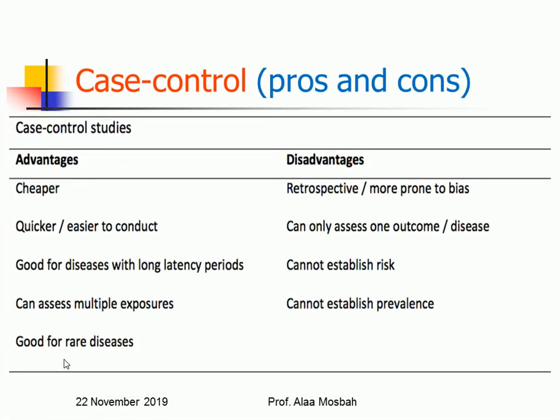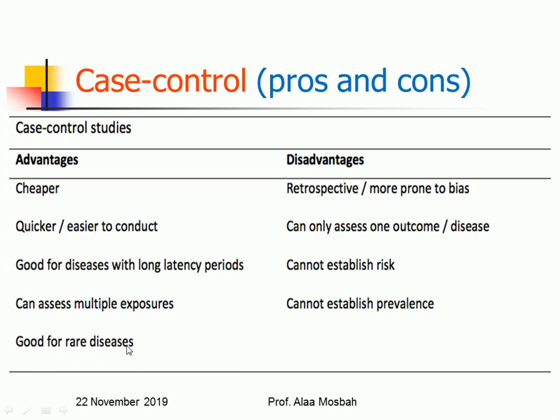Okay, what are the pros and the cons for case control, or advantage and disadvantage? Advantage: it is cheaper, quicker, and easier. Good for disease with long latency period, because I already know the outcome. I will start from this point. Can assess multiple exposures, yes.